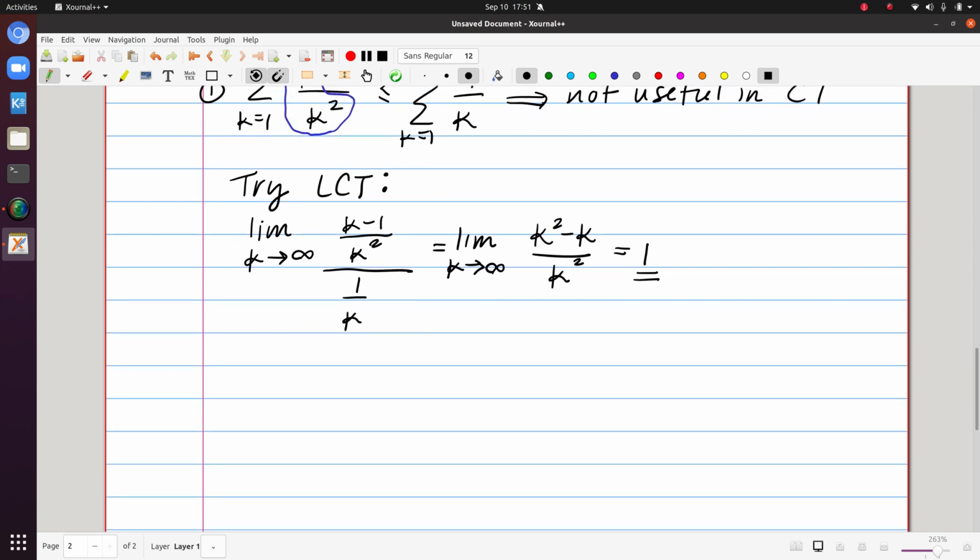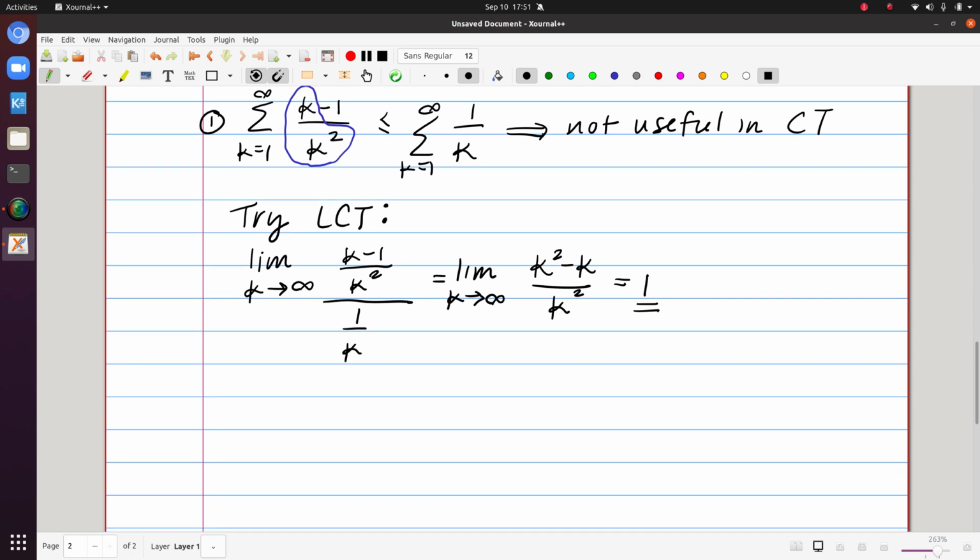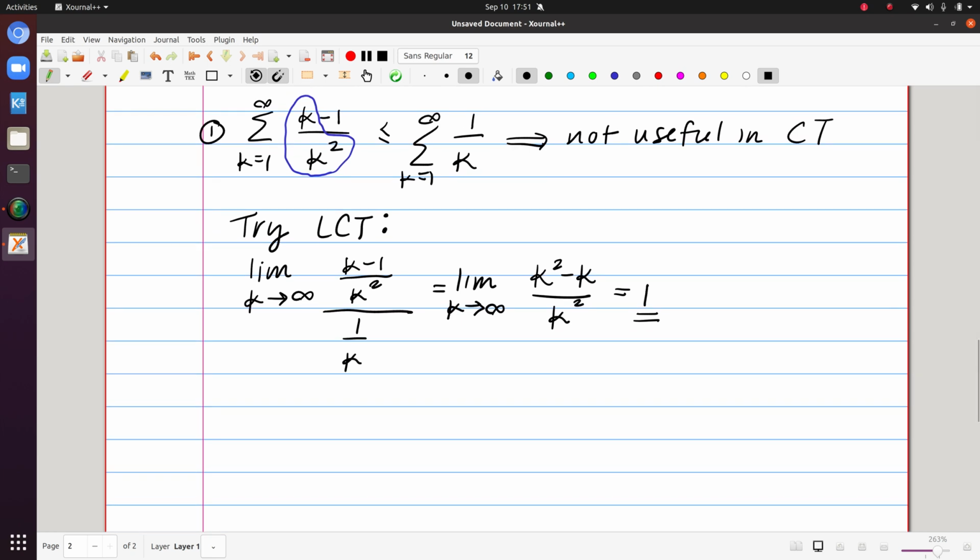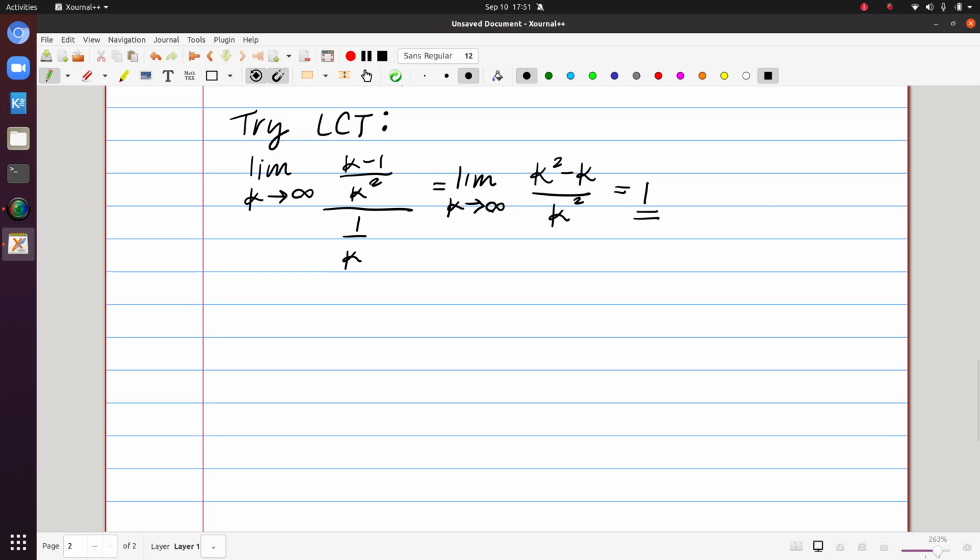The way that I decide whether or not the series converges or diverges is always by coming back to the information about my known series. The limit comparison test tells me these two series behave the same.